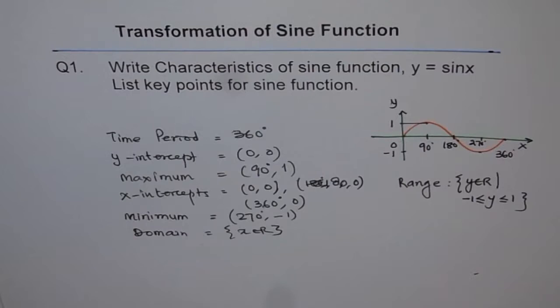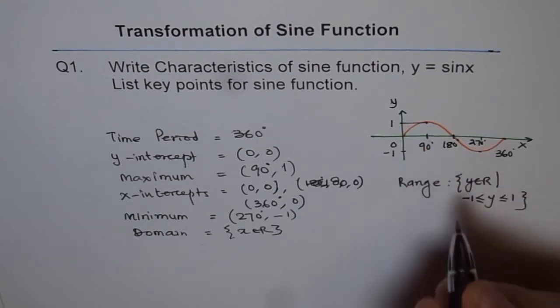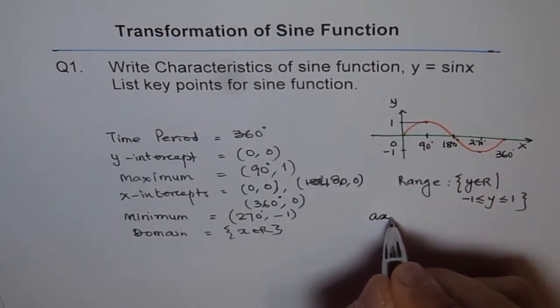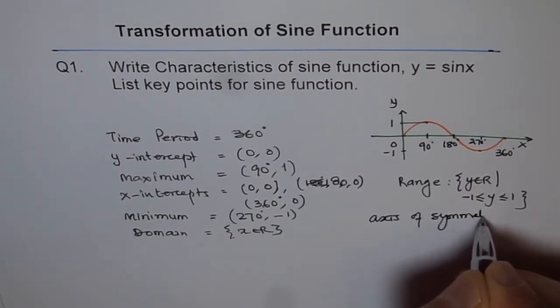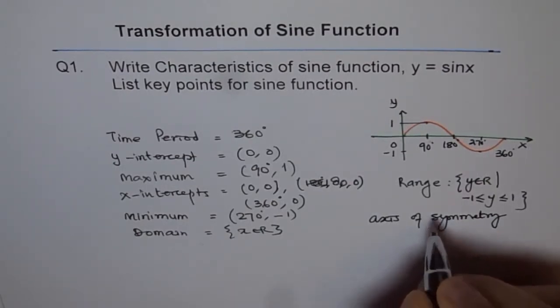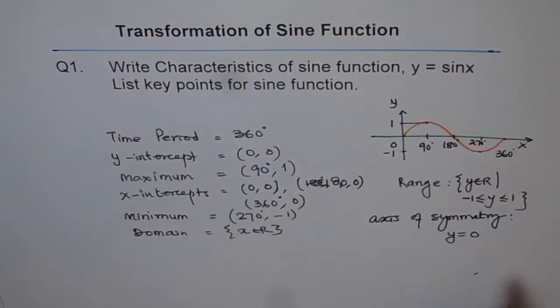So that is the range for our function. And this line, which is kind of symmetry, we just call this axis of symmetry, is y equals 0. So these are major characteristics of our sine function.